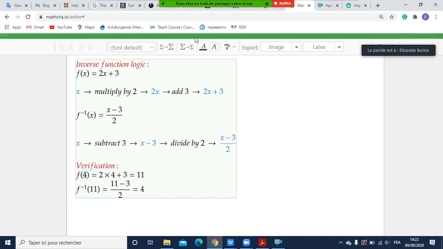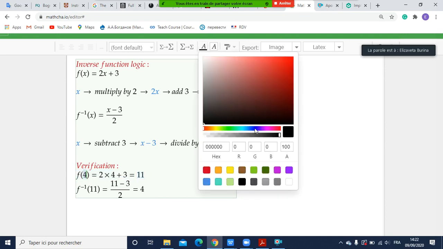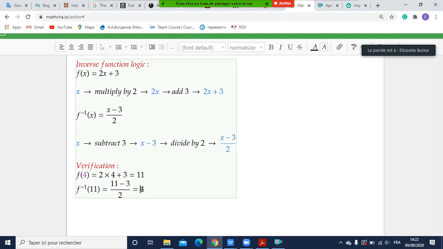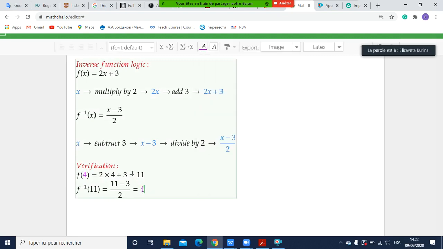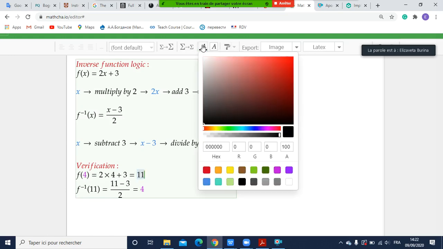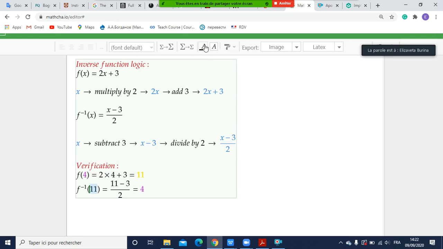So what we're supposed to get is like 4 that is here. You should get it here. And the 11 that is here, the result of the first calculation, you will get it here.